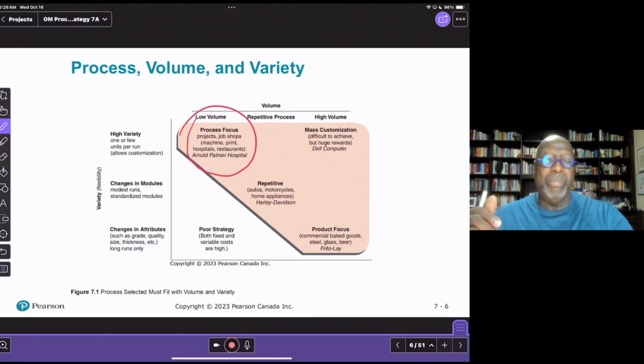A very good example of a process-oriented facility is a hospital. We come into a hospital with different ailments. Given that we have different ailments, every single person doesn't go through the exact same process. We might all register, but I might have a chest problem, in which case I need a chest x-ray. Somebody may have some other kind of internal problem that requires blood work.